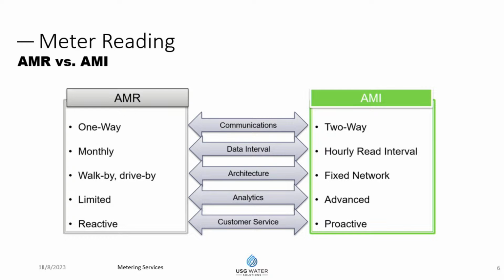Customer service with AMR is reactive. Customer calls in, they got a problem, you're going to roll a truck. It's reactive. You're reacting to the customer. With AMI, it's proactive because we're getting so much information, we can identify a problem before the customer probably even knows that they have a problem, and they can reach out to that customer and let them know that they may have an issue they want to have looked at.